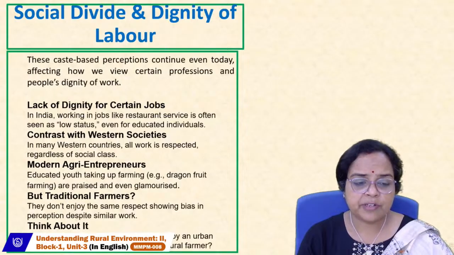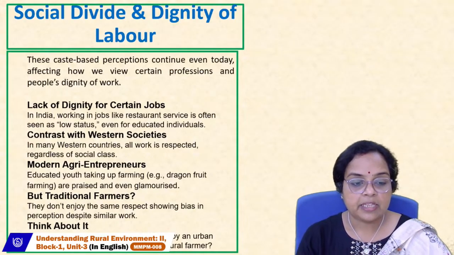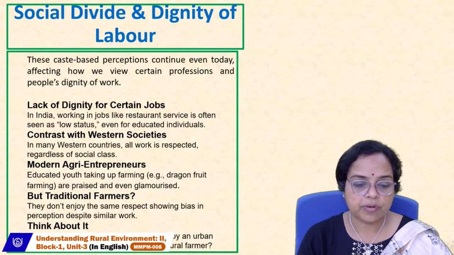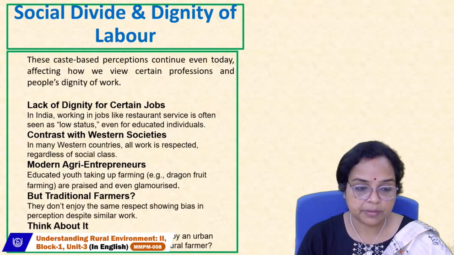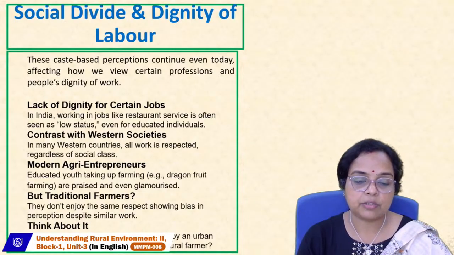Traditional farmers are not enjoying the same respect, and they feel that there is a bias in the society. Think about it: why is the same job admired when done by an urban youth, but not admired when done by the rural farmer?